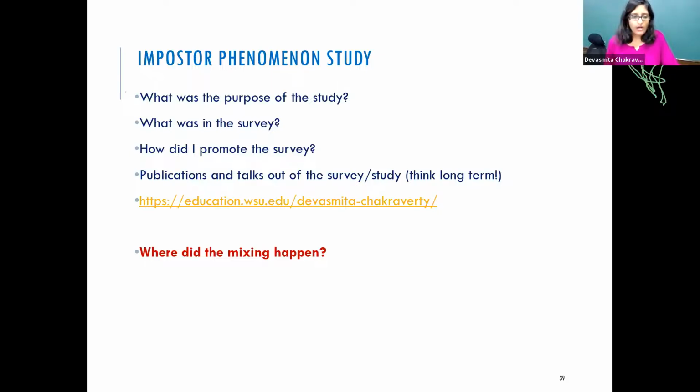So I don't want to schedule an interview with a person and put my time and their time into it, and then realize that they are not eligible for the qualitative part. So beforehand, I asked them, please describe when you felt like an imposter. Many people said, I have never felt like an imposter. I have no idea why they participated in the study, but that's not the point. They also gave me the email ID, but I never contacted them because they said they had never felt like an imposter.